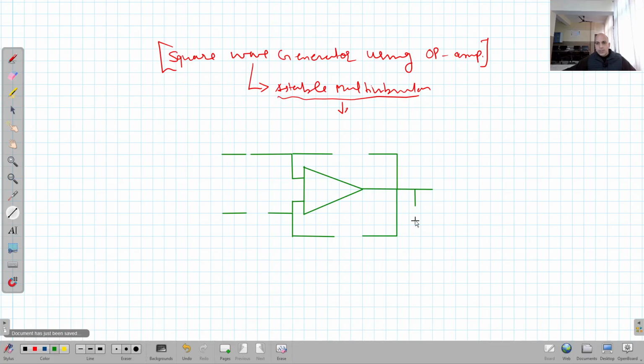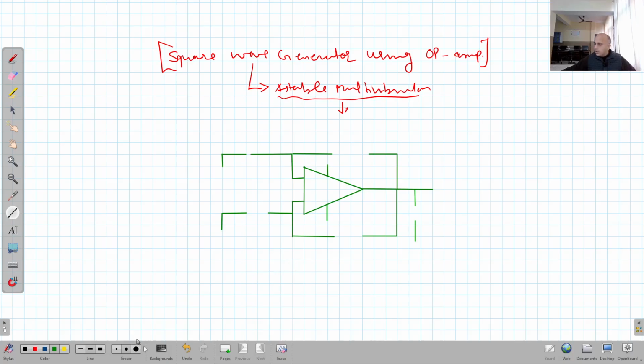This is the load resistance, taking output. These are the two supply voltages for the op amp. And this is ground.